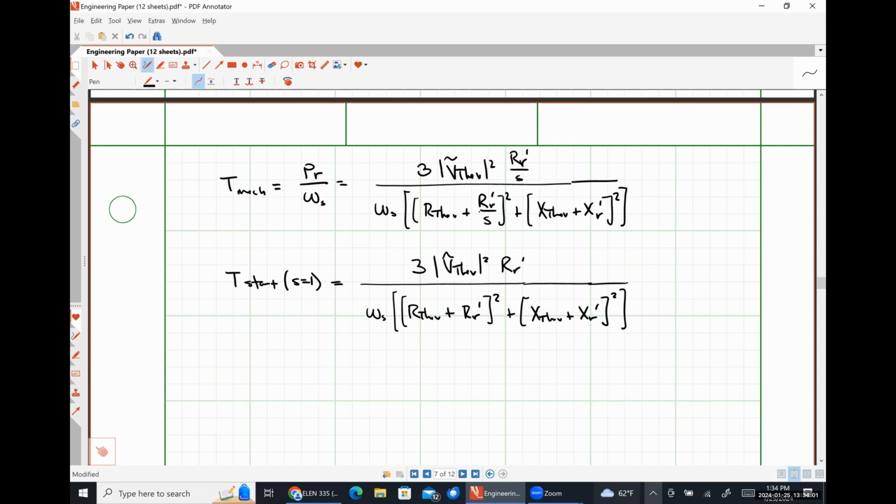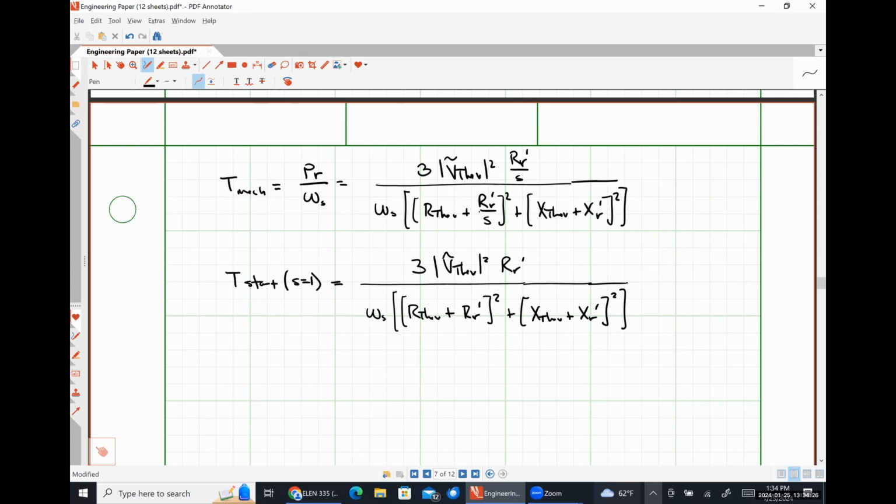If S is 1, this is going to be much smaller than when S is some number like 0.01, 0.02, 0.03, whatever, because we're always dividing by a number that's much smaller than 1, which is essentially the same thing as multiplying by a number that's much larger than 1, right?